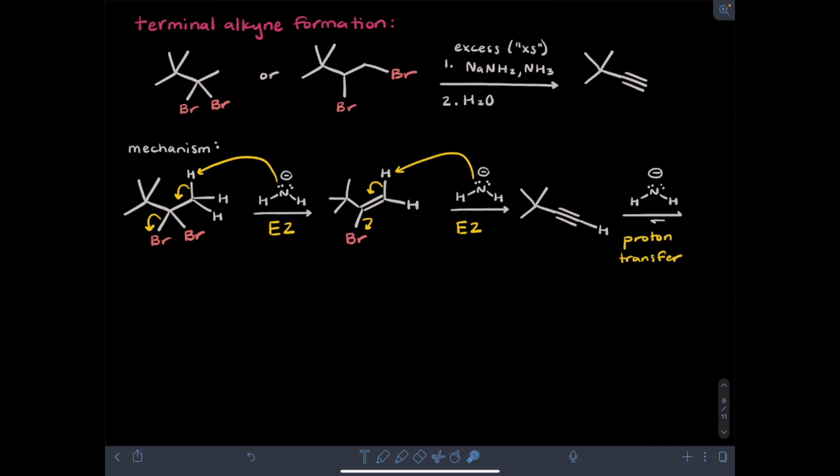NH2-, the excess base, is strong enough to deprotonate the terminal alkyne that I just made. So I would use NH2- as a base to deprotonate the terminal alkyne. You don't want this to happen because you want the terminal alkyne product, but you simply can't stop this proton transfer from occurring when you have excess base present.